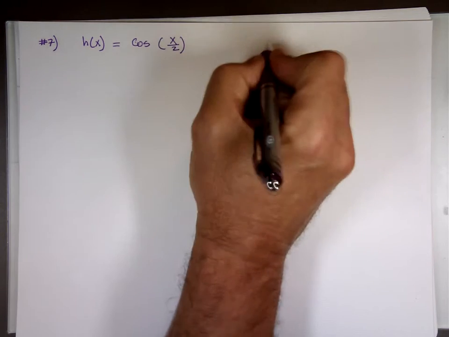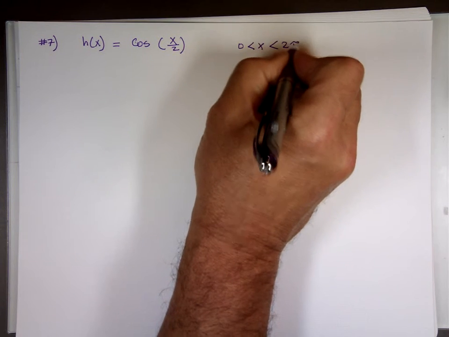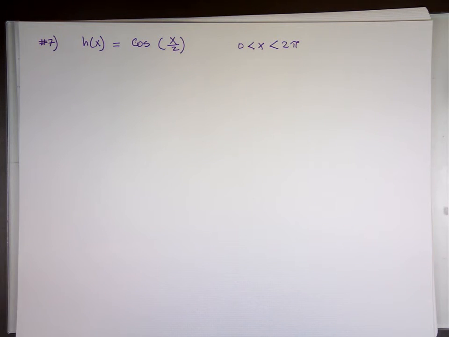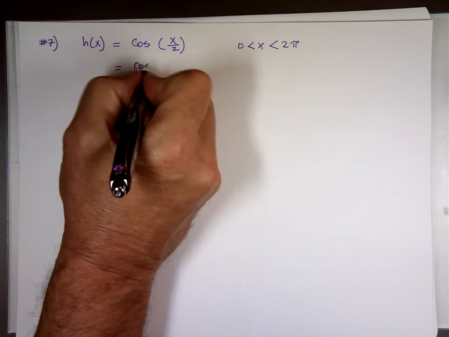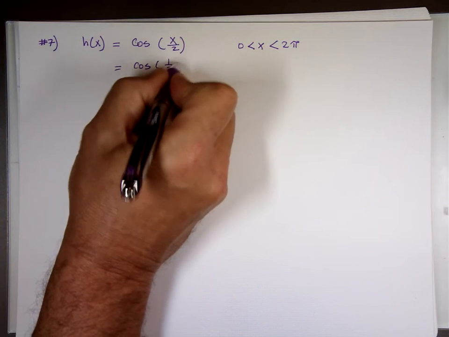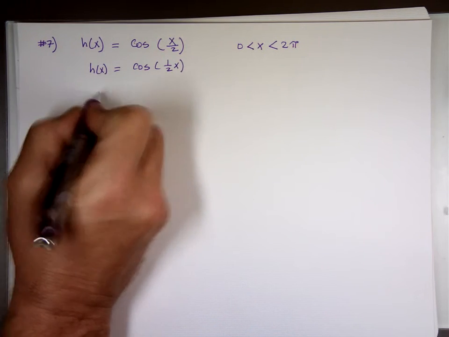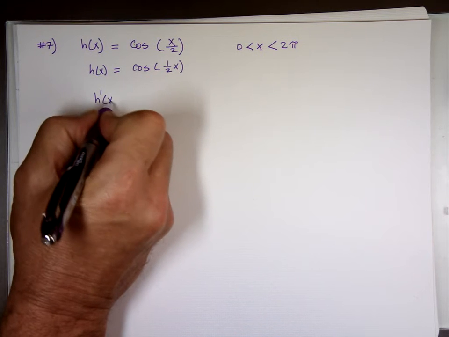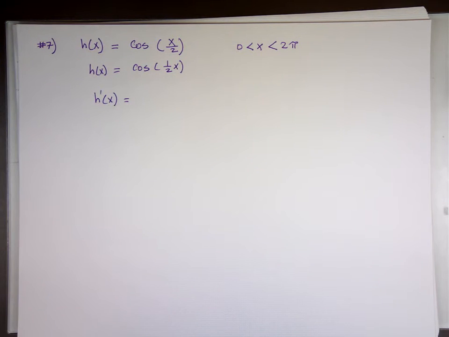And they're saying x is between 0 and 2 pi. They're telling you that. You can write that actually as cosine 1/2 x. So what's the derivative of that? Derivative of cosine is what?